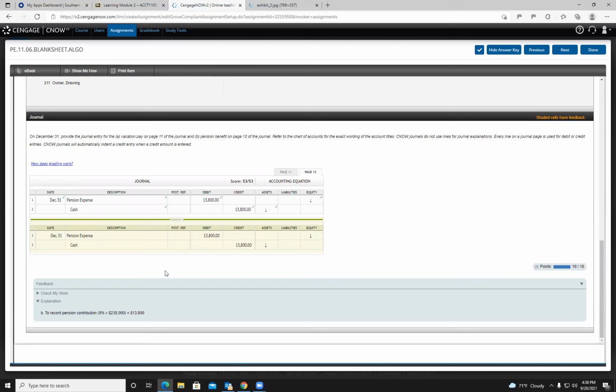All right, so that is the journal entry for the defined contribution plan. So 6% of the salaries, and we paid the full amount. So we go ahead and record the expense under pension expense, and we record the payment as a credit to cash.